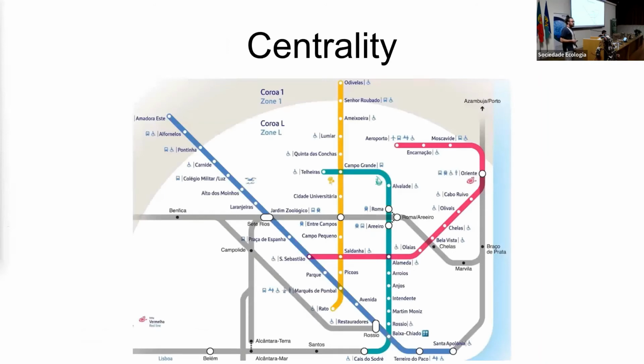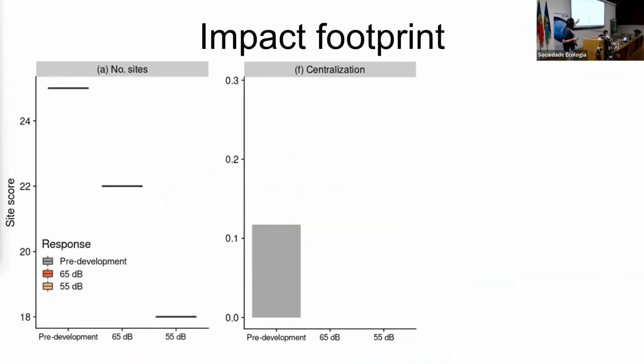The first one is centrality. If you imagine a network of public transportation in Lisbon, the most central site would be Alameda Station. If you have a problem there, the network's in a lot more trouble than at some other station. And so centralization is the extent to which a network has one single very important site versus lots of quite important sites.